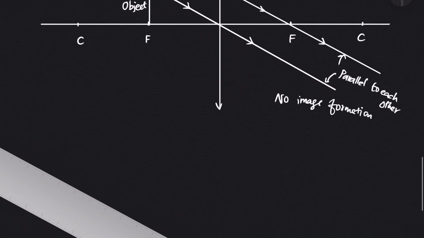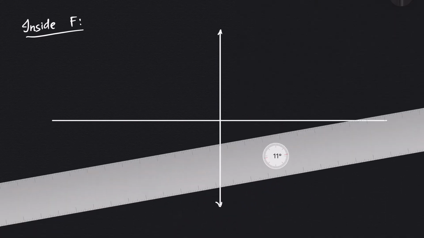The next one is inside the focal point. Again the same rule. Draw a horizontal line and draw a vertical line, a converging lens representation. Next, choose the focal length.